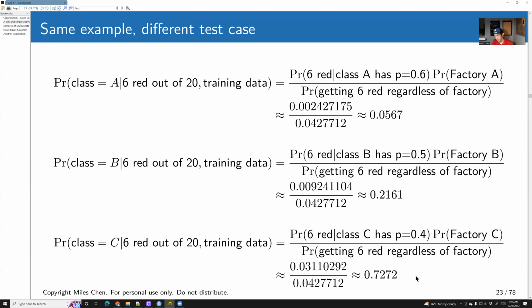Okay, and so that's the Bayes classifier, and I hope this example illustrates how we're going to incorporate the likelihood along with our priors to calculate our values.